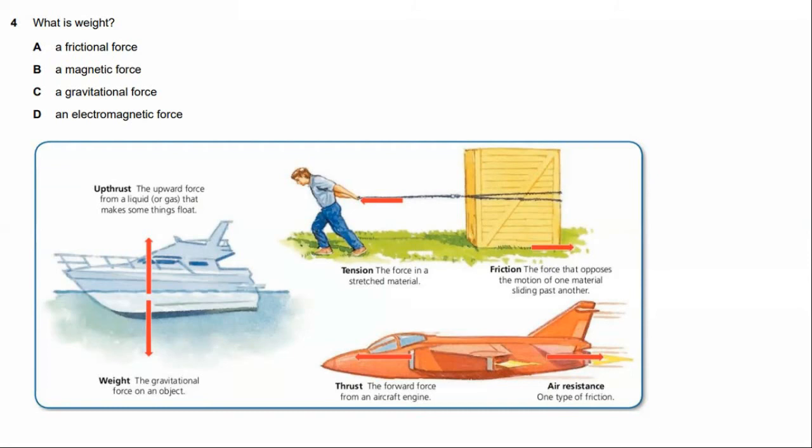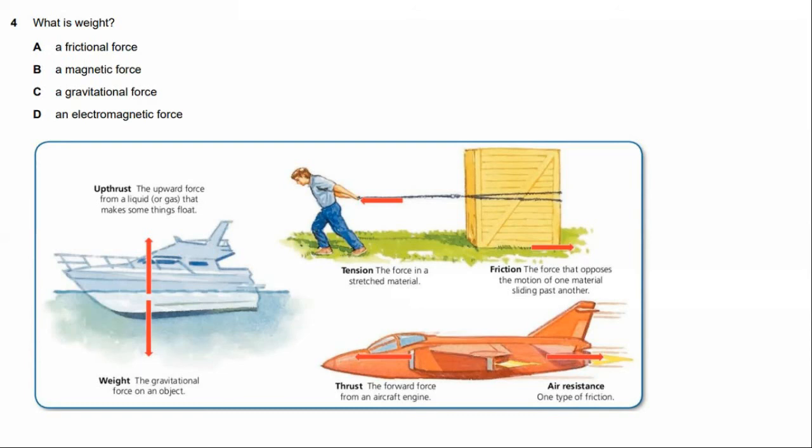Drag forces, or air resistance or water resistance. These are some examples of drag forces. These drag forces are another type of friction on moving objects in fluids or in air or water. Then magnetic force. Attractive or repulsive force between magnetic poles.